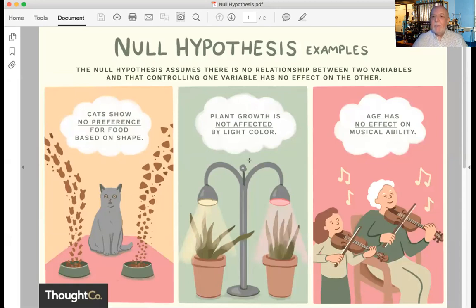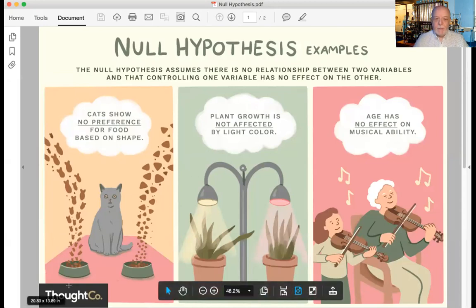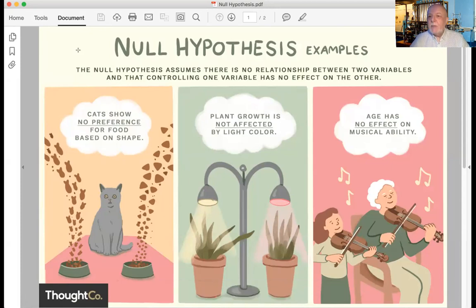So here's some examples from this ThoughtCo page, with a link to the web page at the bottom. A null hypothesis assumes there is no relationship between two variables, and that controlling one variable has no effect on the other. So here are three cartoons which give null hypotheses.